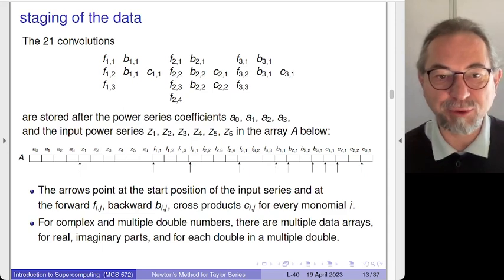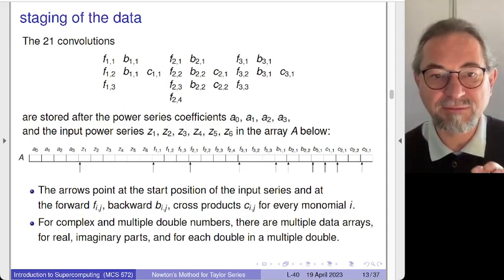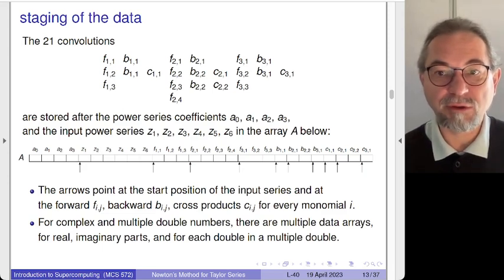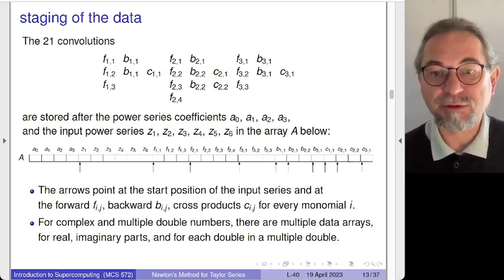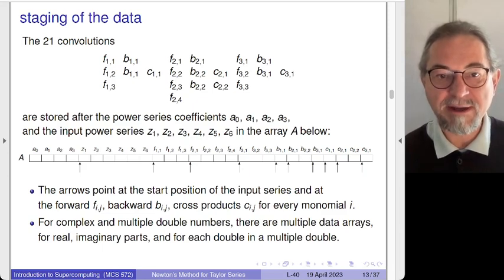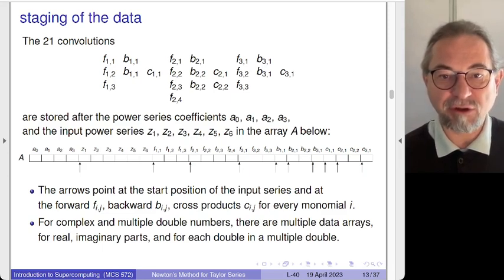We have the input coefficients, we have the input power series where you want to evaluate your polynomial. We have the forward products, the backward products, and then the cross products. So we have this very long array, and we have stored the beginning positions of each block.